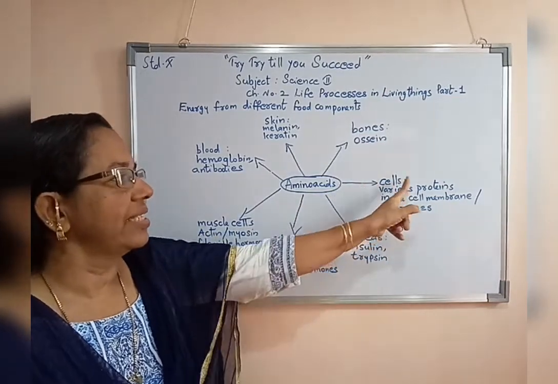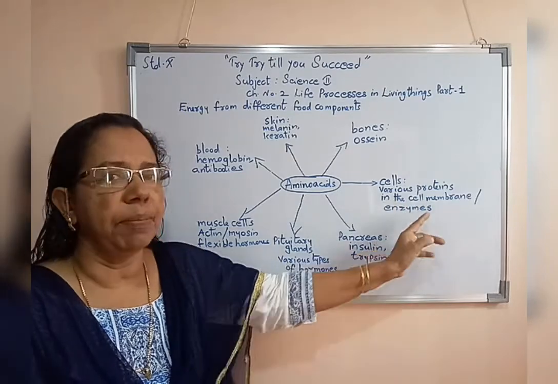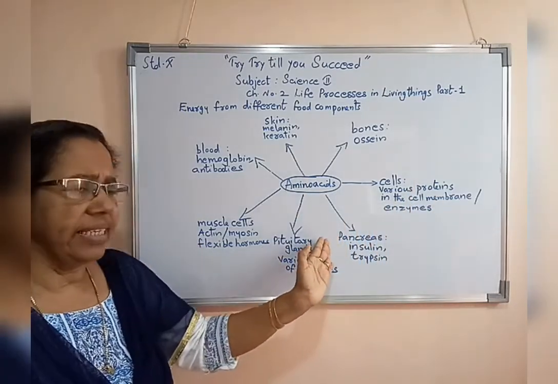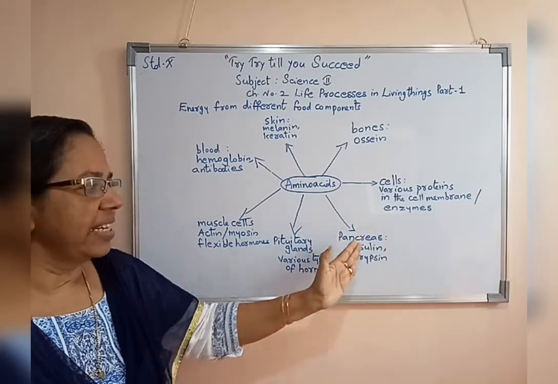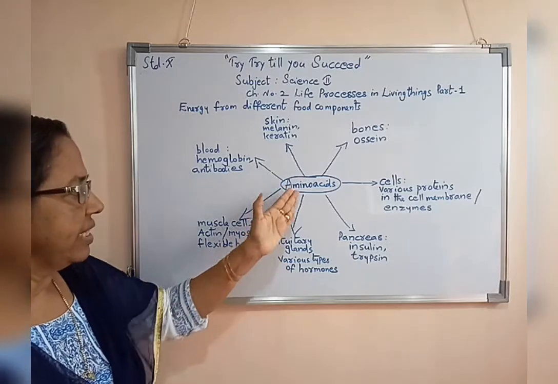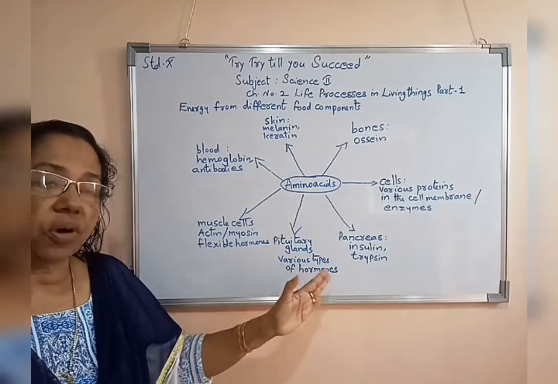When it reaches the cells, it is transformed into various types of proteins in the cell membrane, even various types of enzymes. Once it reaches the pancreas, it is transformed to insulin as well as trypsin. Then once it reaches the pituitary gland, it forms various types of hormones.